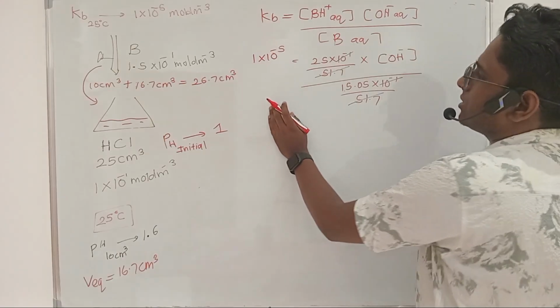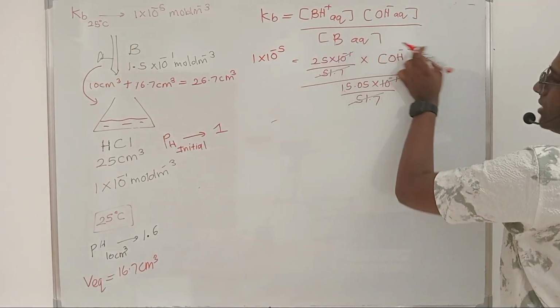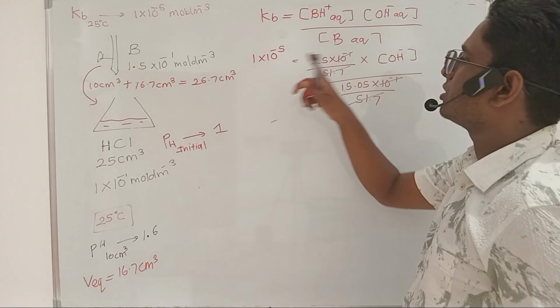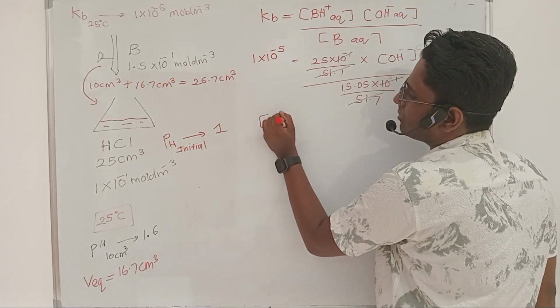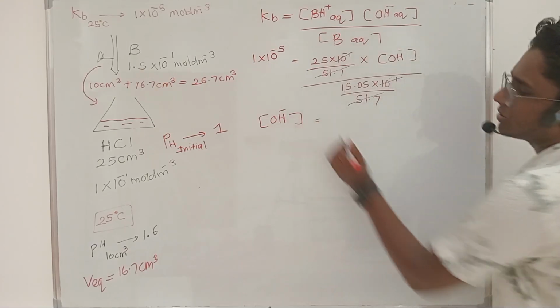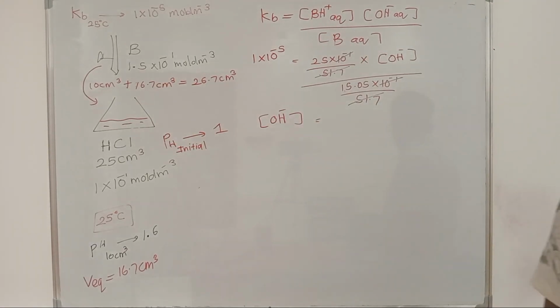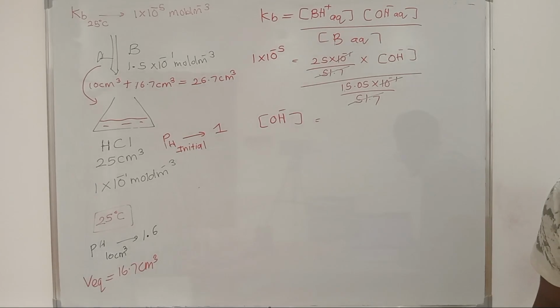So from that, don't forget to put the units also, right? So 1 into 10 to the power minus 5. So the concentration of OH minus I can find from this. Let me use the calculator. 15.05.